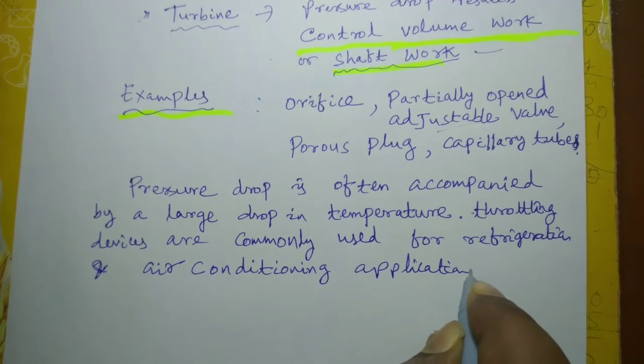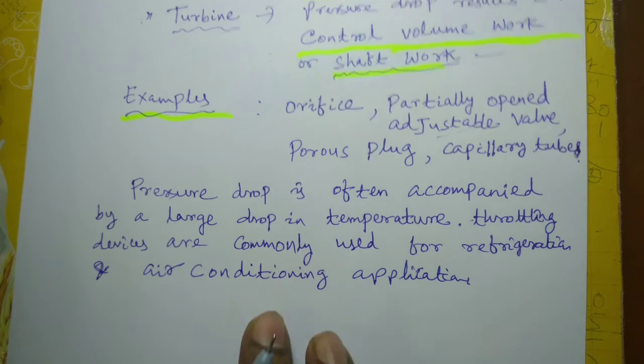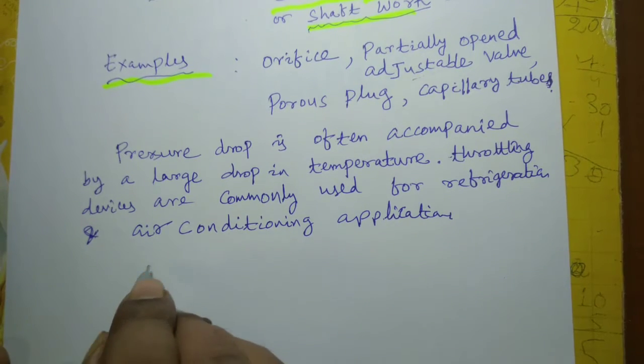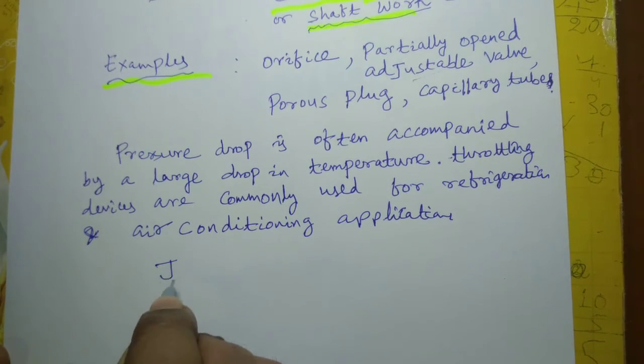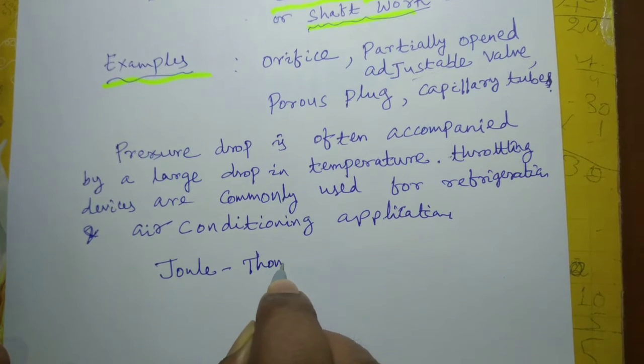But you see, not always there is a decrease in temperature. Sometimes also there may be some rise in temperature, and whether it is going to increase or decrease, that can be decided by a coefficient called Joule-Thomson coefficient, that we will study later on.